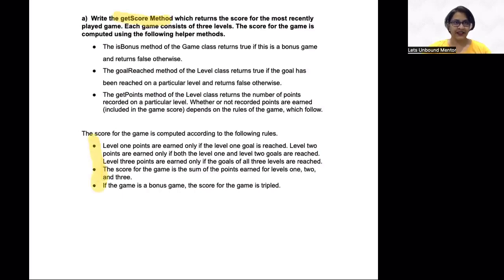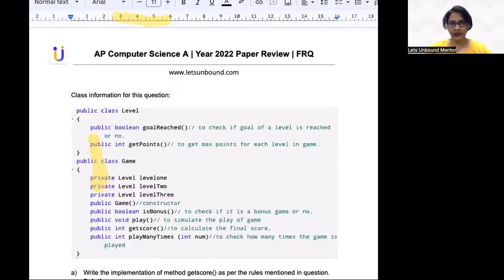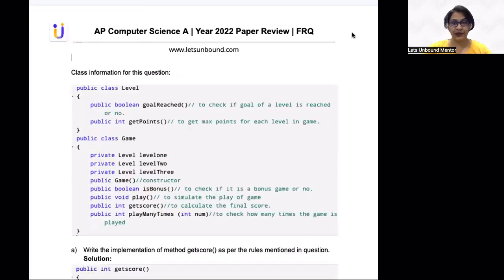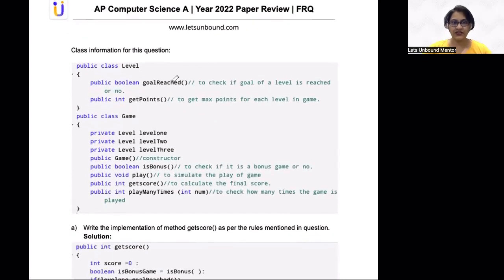Okay. So let's go here and we will first try to summarize the question. So in this question, what is the structure of the code given to us? It has two classes, class Level and class Game. Class Level has two methods in it, goalReached.